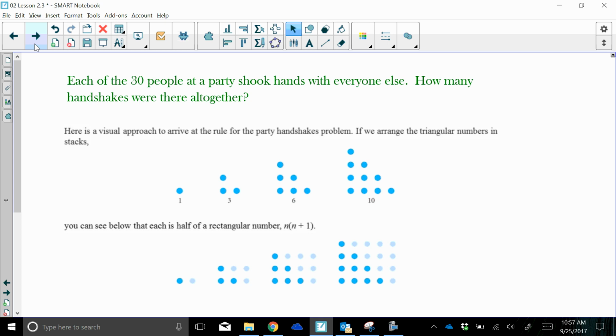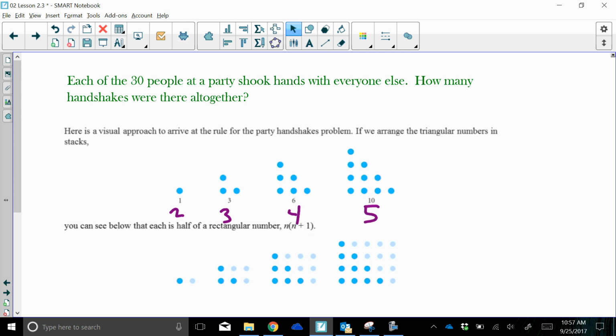So here's a visual approach to arrive at the rule for this handshakes problem. We can arrange these numbers into triangular stacks, where the first term, so if there was one person, there would be 0 handshakes, but the second term, this is really the second term, and this is the third term, this is the fourth term, and this is the fifth term.